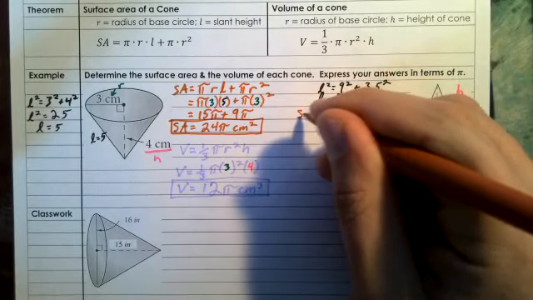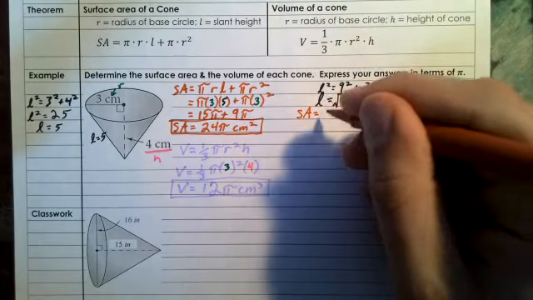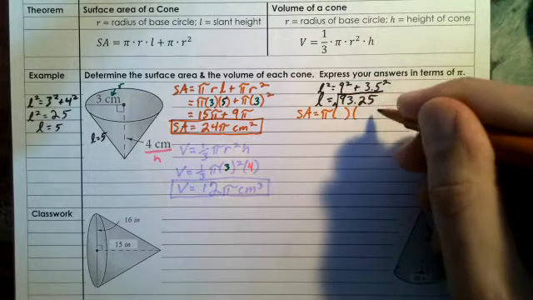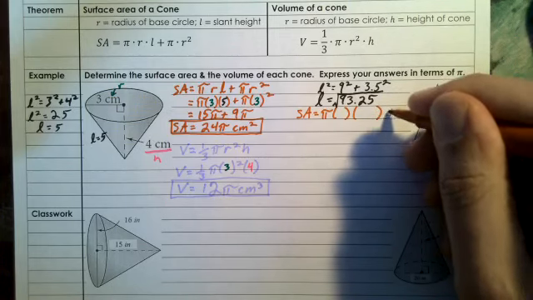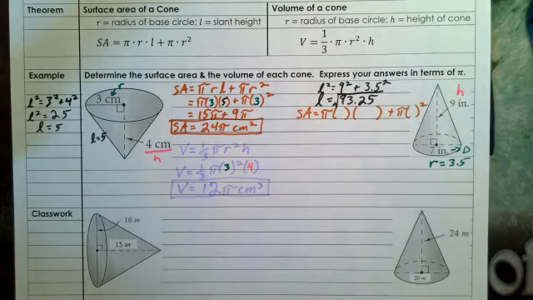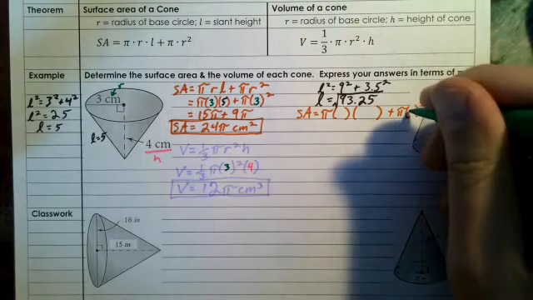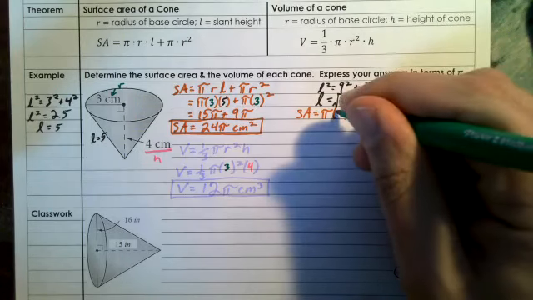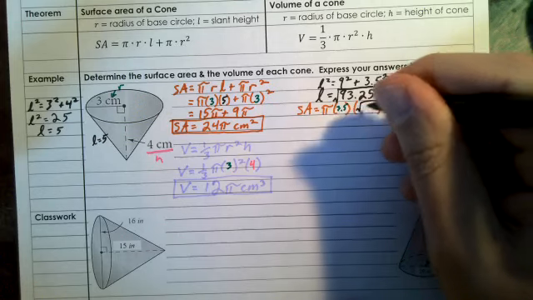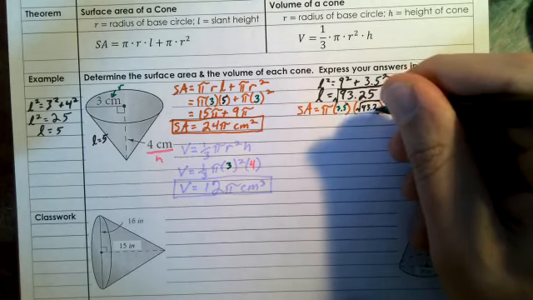So our surface area is going to equal pi times our radius, and then that slant height plus pi radius squared. So our radius is 3.5, so we put that in both of our radius spots. And then for our slant height, we put in the square root of 93.25.